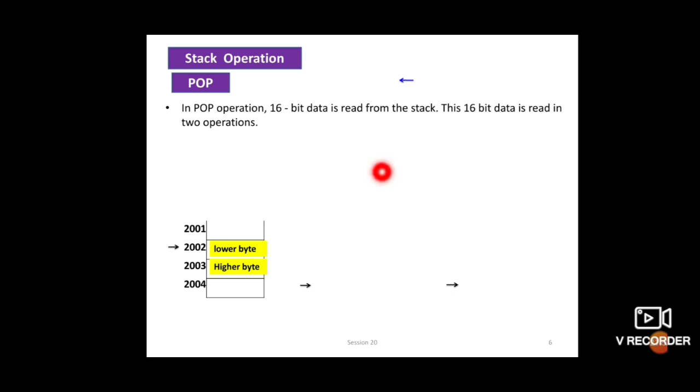Pop operation means read from the stack. This word is very important. Read from the stack means data is already stored in the stack. Now see, this is the initial position of the stack. In the initial position the stack pointer is at the 2002 memory location.